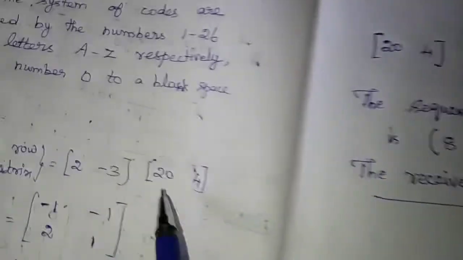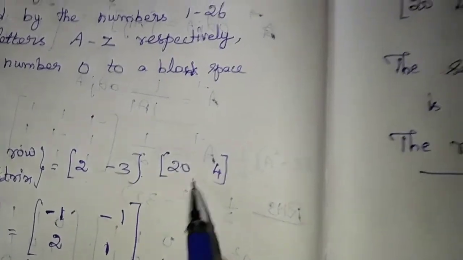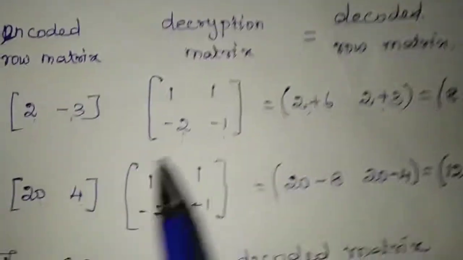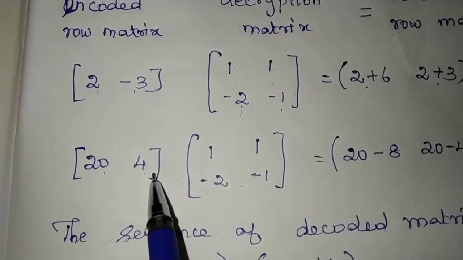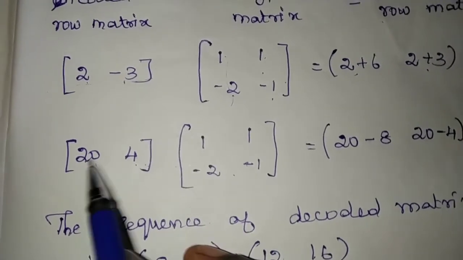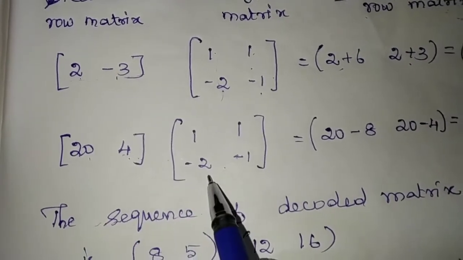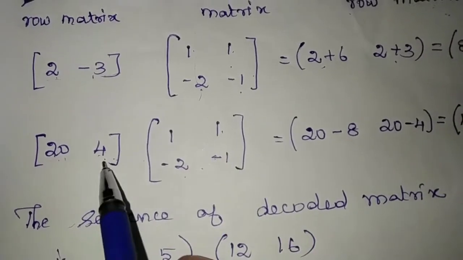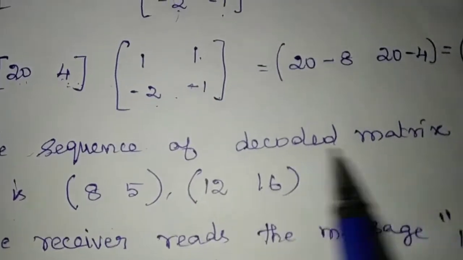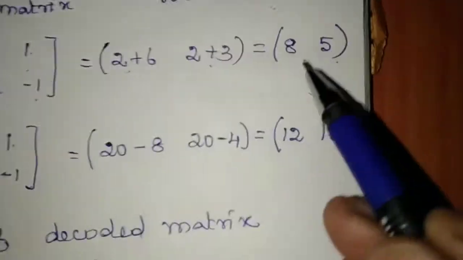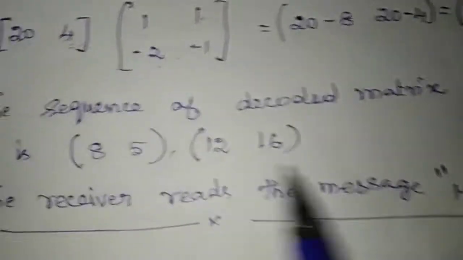And the second encoded row matrix is 24 with the same decryption matrix A inverse. Now multiply row by column: 20 minus 8, 20 minus 4, equal to 12, 16. The sequence of the decoded matrix is 8, 5, 12, 16.